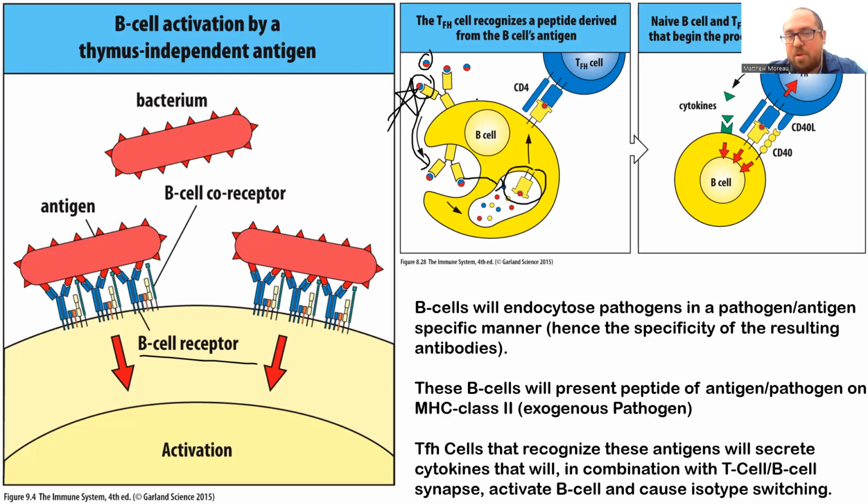Because again, this is a really good example of exogenous antigen. It's seen on the outside of the cell. And if you want to think about it logically, we've covered viruses and tumors, and all we have left are your multicellular parasites, bacteria, fungi, and protists.